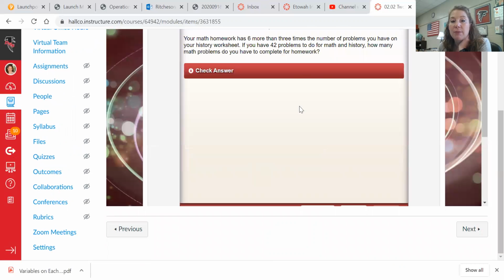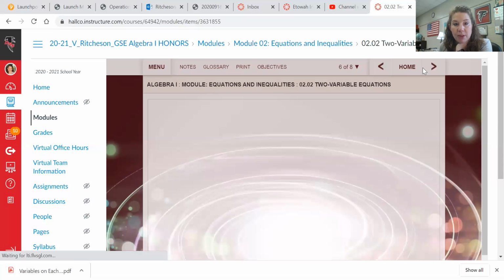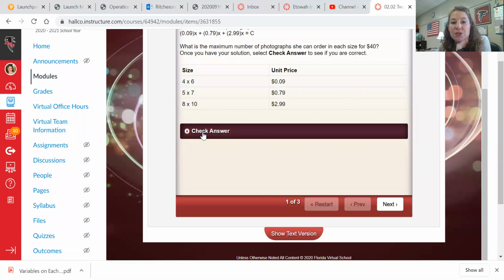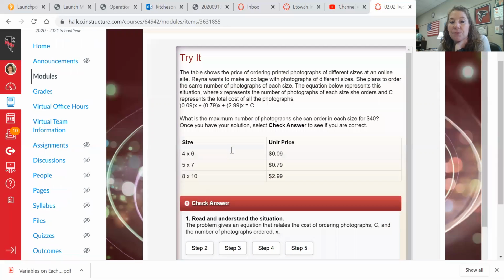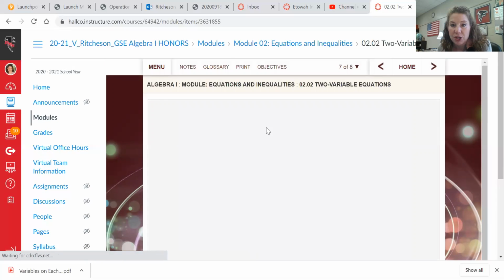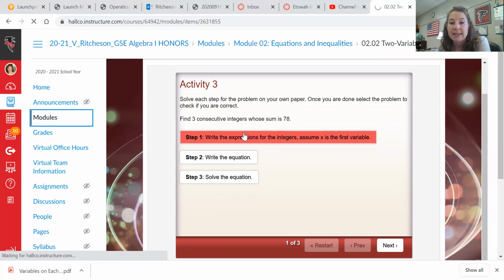Then you'll have another problem that you need to try on your own and then check your answer. On this one, you're going to do each step in order and make sure you always check that you're doing it correctly. So a lot to interact with on that particular lesson. You have lots of examples to try.